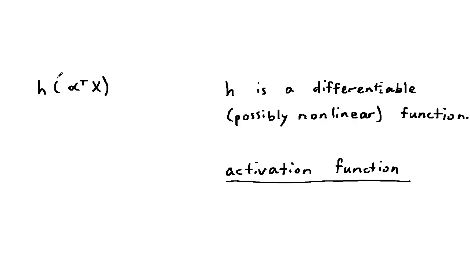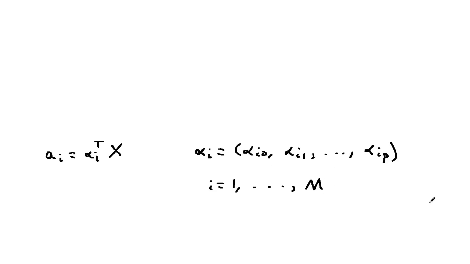Suppose we then took h of alpha transpose x, where h is a differentiable, possibly nonlinear function. H is called an activation function. Suppose we form m such activations, ai, given by alpha i transpose x, where alpha i is alpha i0, alpha i1 through alpha ip, and i ranges from 1 to m.